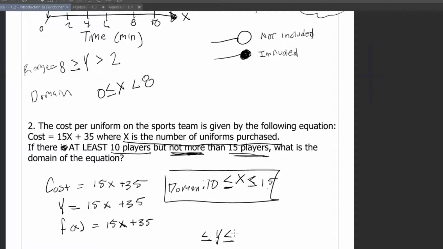So you're saying that your inputs can be 10 and they can be 15. You would do f of 10 right here, and then you would do f of 15. So example would be 15 times 10 plus 35, and then you would have 15 times 15 plus 35.